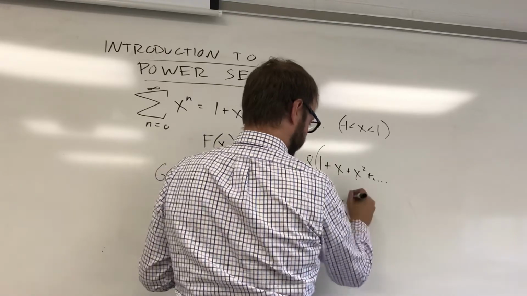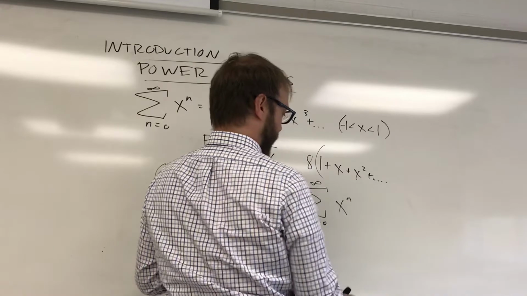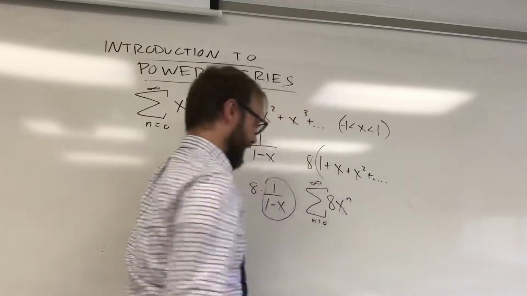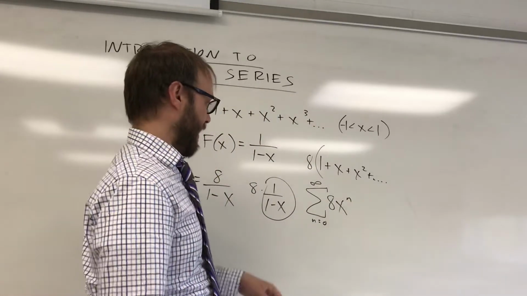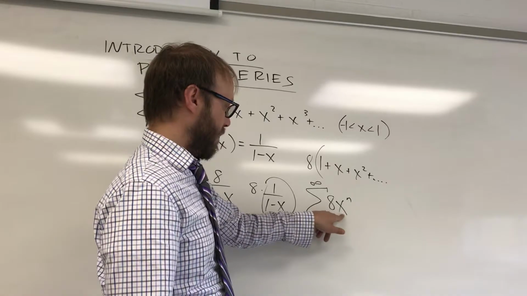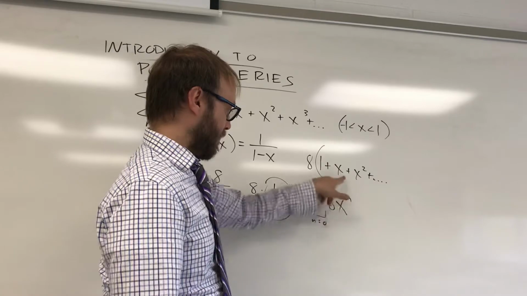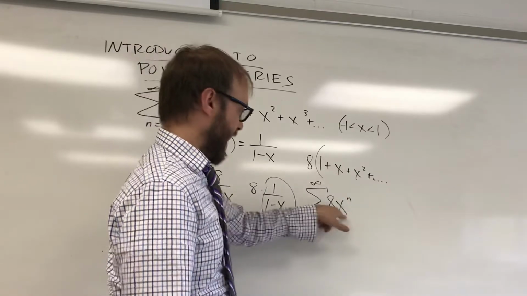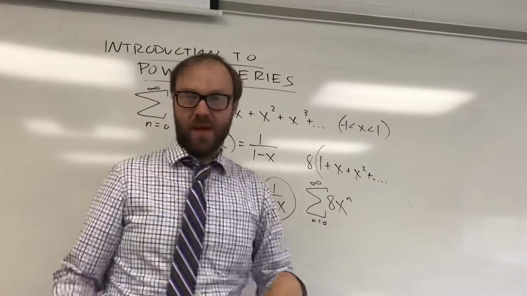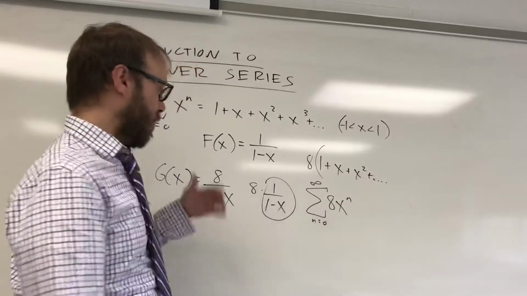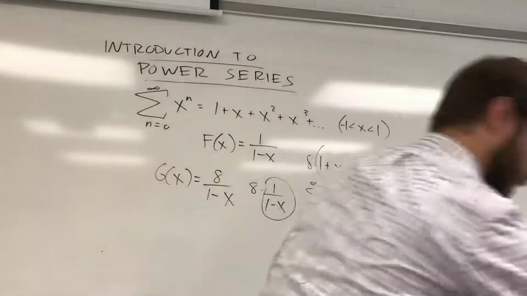It would still be x to the nth power, but the terms would be multiplied by 8. And so again, you'd get x to the 0 power, you'd get 8 as your first term, x to the first power, you'd get 8x, x to the second power, you get 8x squared, and so on, okay? That's if your function's multiplied by a particular value, okay?